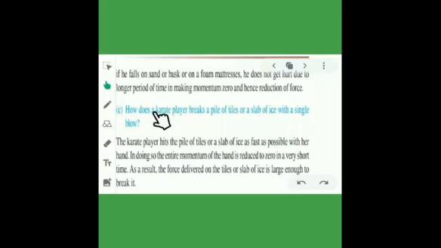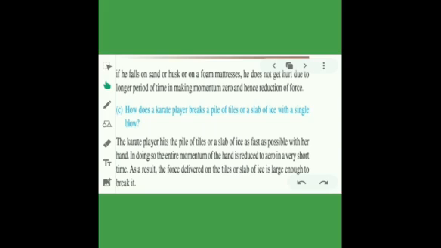Next, how does a karate player break a pile of tiles or a slab of ice with a single blow? The karate player hits the pile of tiles or slab of ice as fast as possible with his hand.